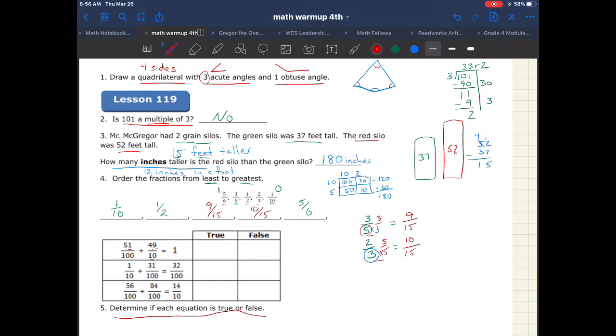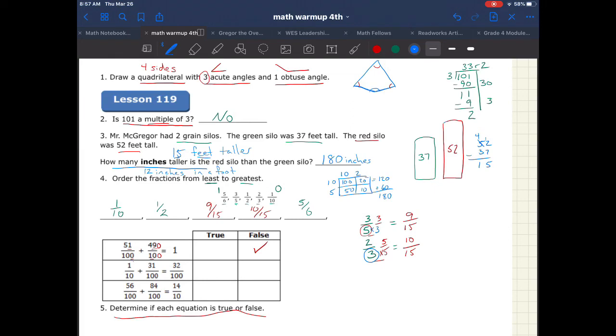This is only a tenth, and we would have to make it be 100ths for us to actually add them. So if we times both of these by 10, right, we'd have this. 490 hundredths. And whether we add the 51 or not, there's way more than one group of 100 in 490. So this is way more than 1. So this one is false.